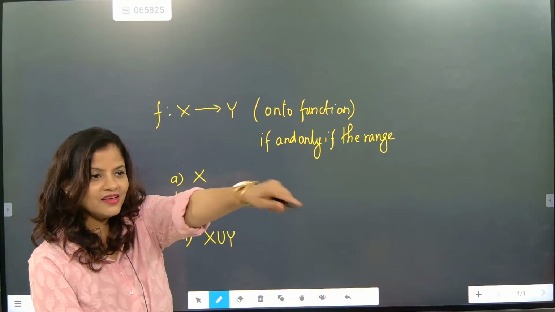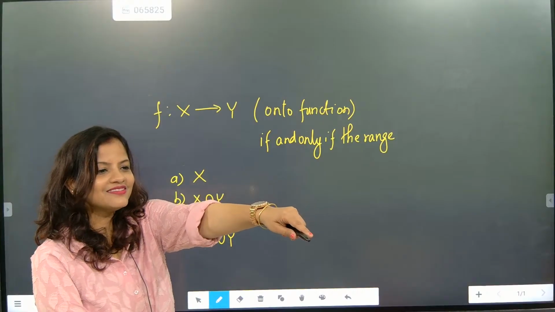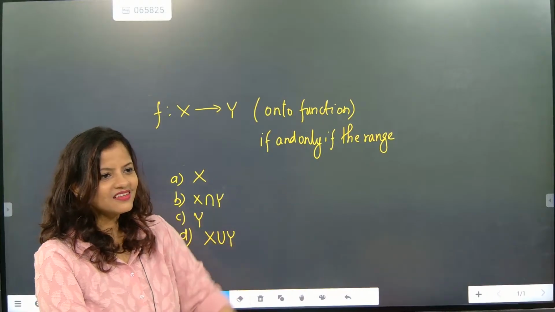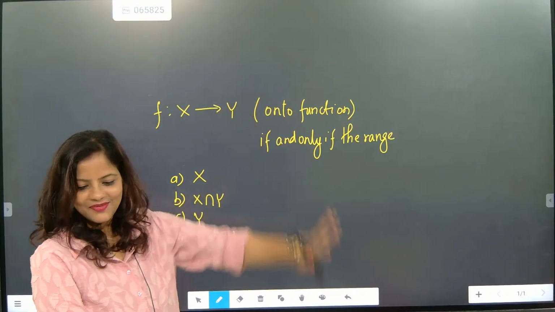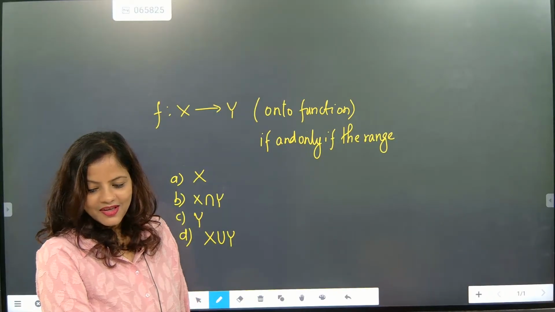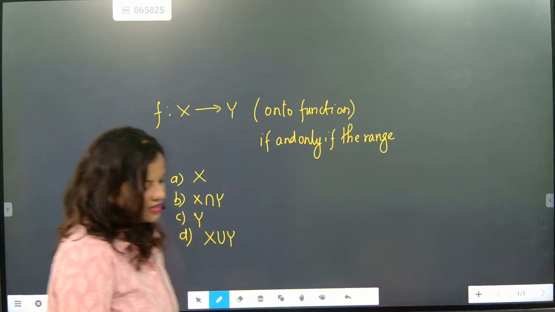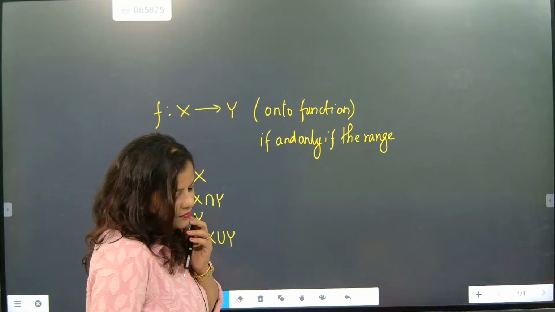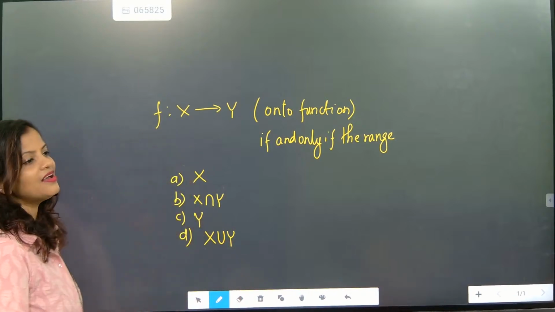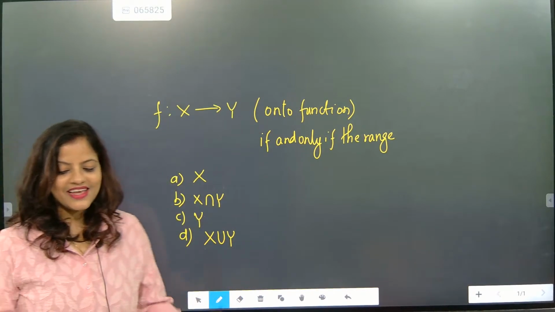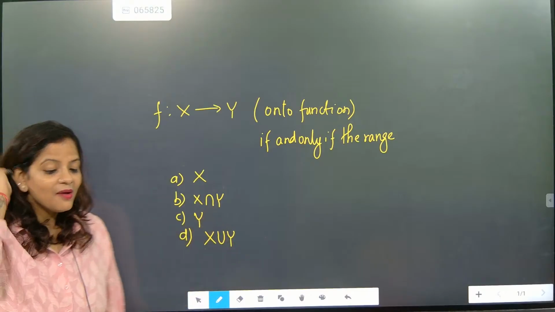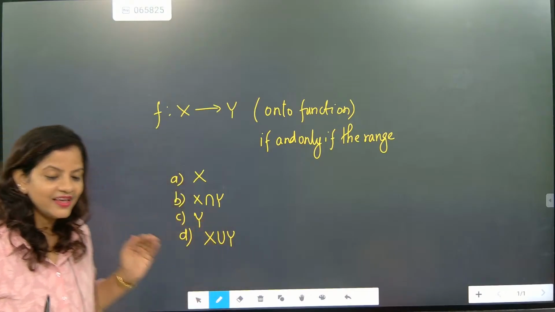Option B. Very good, super. Option C, okay, I got an answer. Some people are saying C, some people are saying B, but the correct answer here is C.